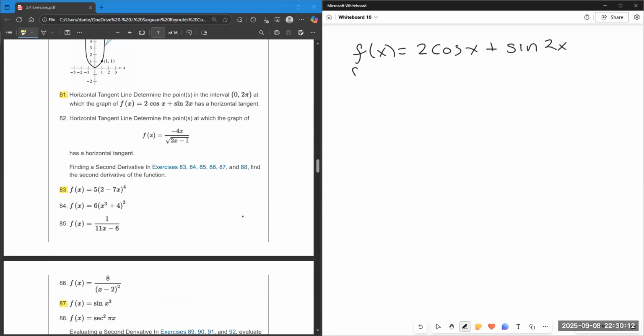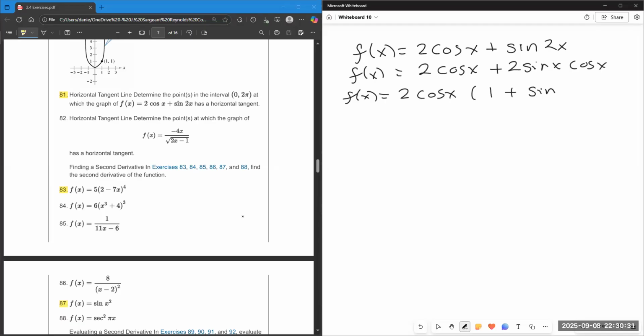So I'm going to rewrite as 2 cosine of x plus 2 sine x cosine of x. I'm going to factor 2 cosine of x times 1 plus sine of x.